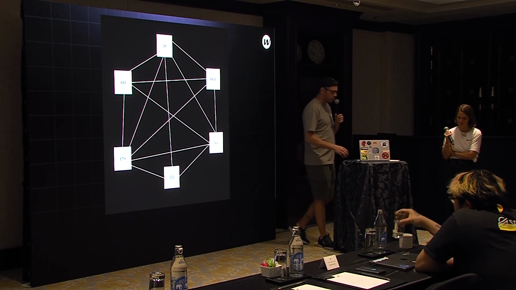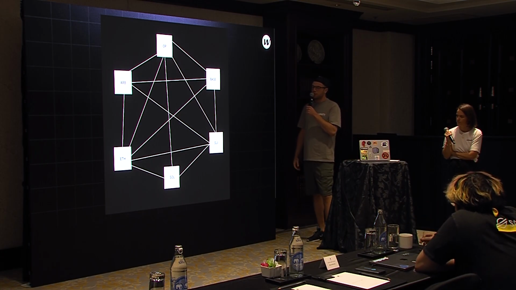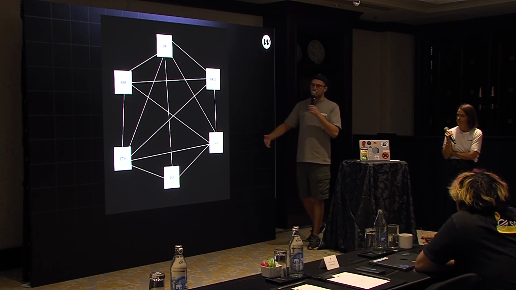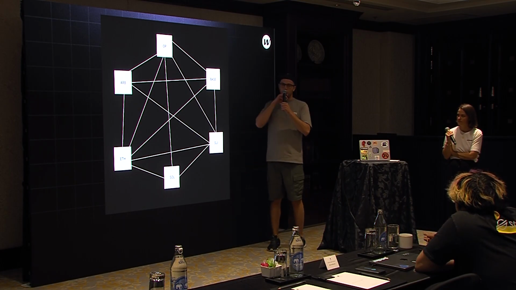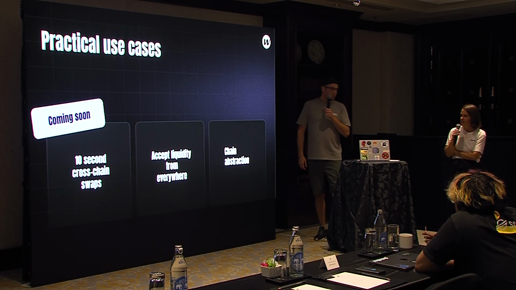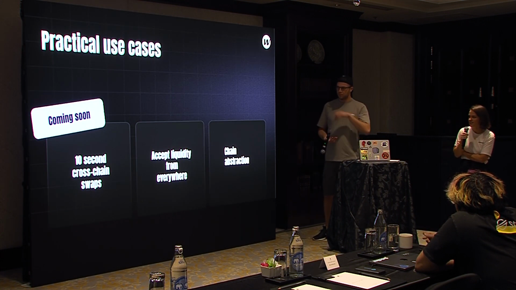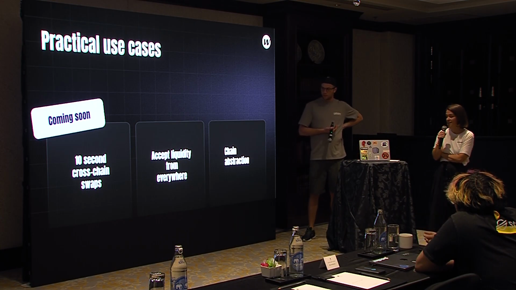So the idea about composable intents, or in general intent protocols, is to have sub-finality times, maybe 25 to 35 seconds for a transfer. The practical use case is basically 10-second cross-chain swaps. That's really cool, actually.